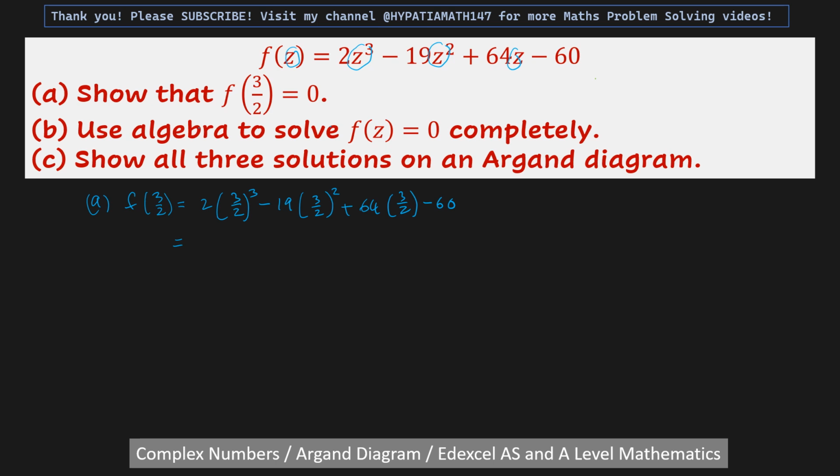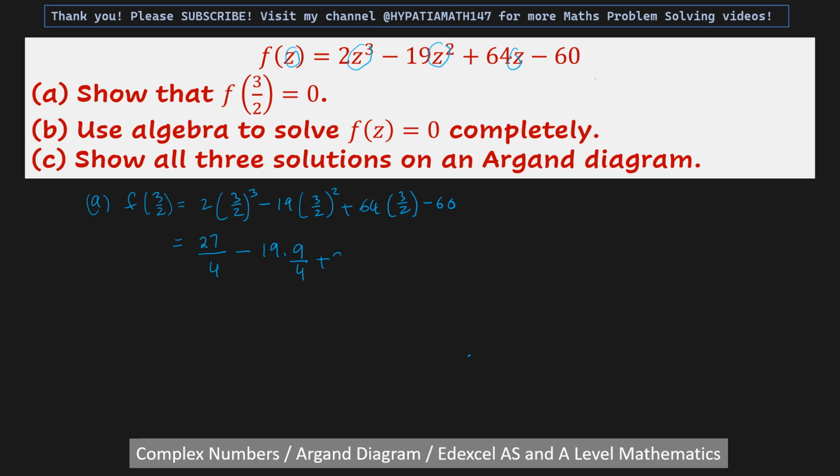I start simplifying, so 27 over 8, squared so that's 4, minus 19 times 9 over 4 plus 64, so that would be 2 times 3 is 6, 2 times 2 is 4, times 3 minus 60, so this I can write as 32 times 3 is 96 minus 60, and that is 36.